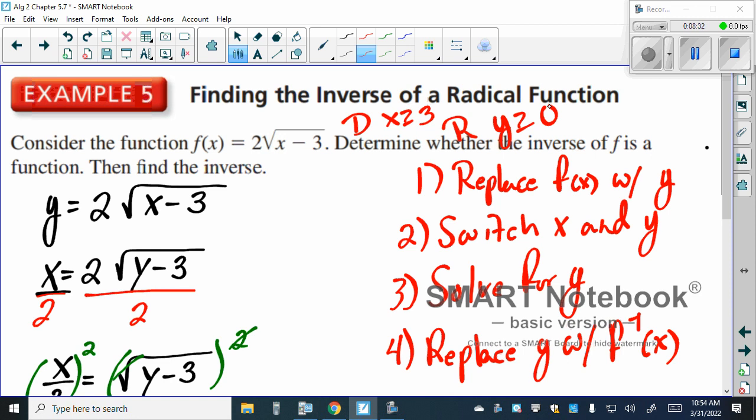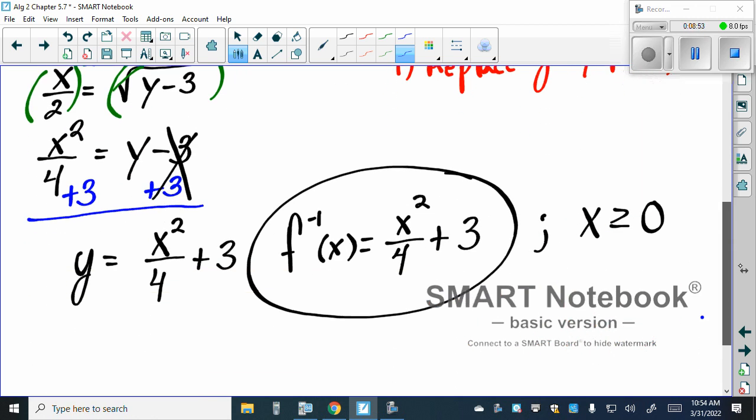Now the inverse function, because our normal function is taking it from the domain to the range, the inverse is taking it from the range to the domain, yes? So the range values that I'm restricted to are all the values greater than or equal to 0. That means the domain of our inverse is restricted to all the values that are greater than or equal to 0.